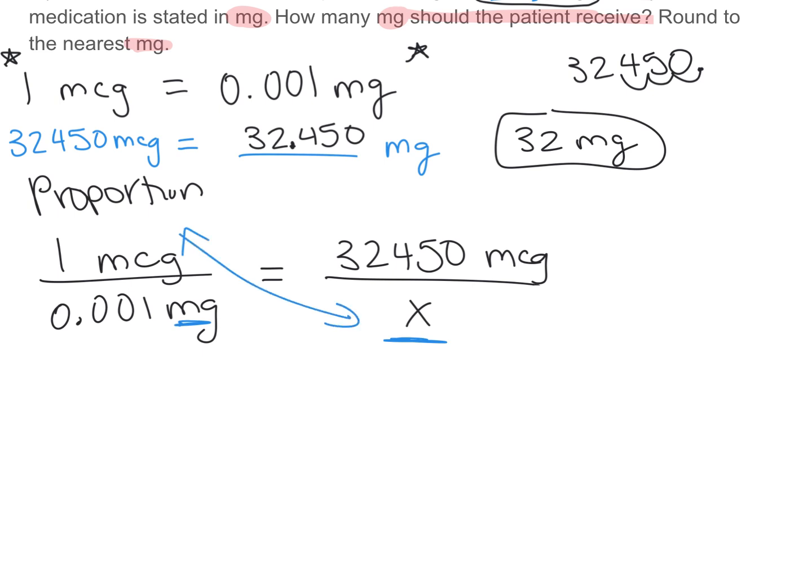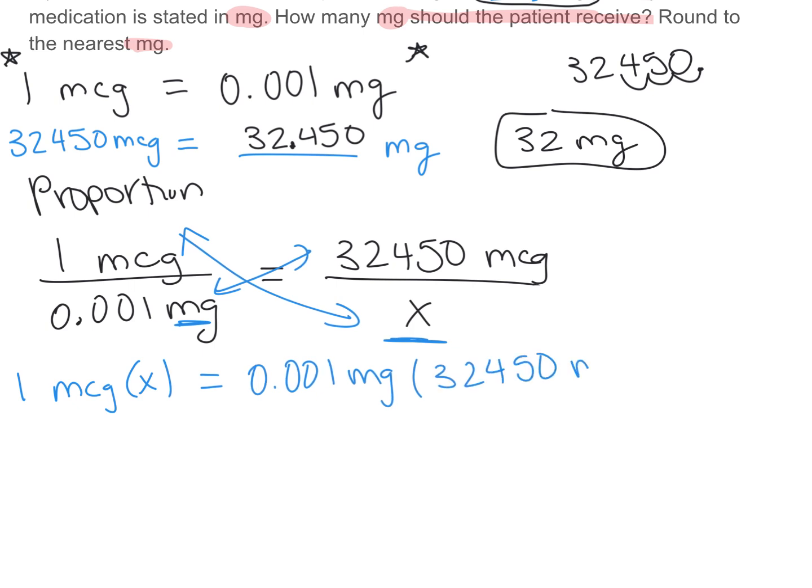Now I can cross multiply to solve. I will have 1 microgram times x is equal to 0.001 milligrams times 32,450 micrograms.